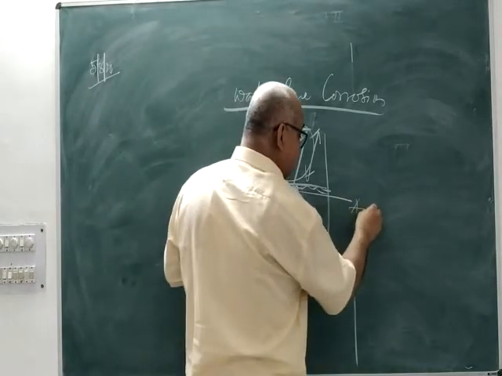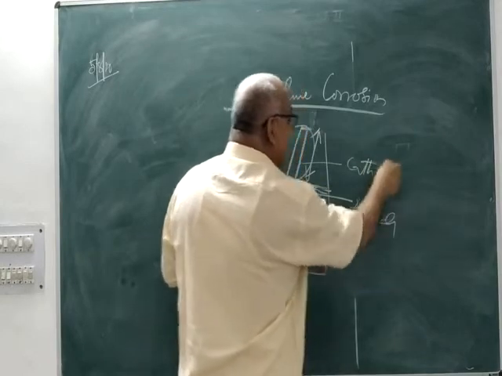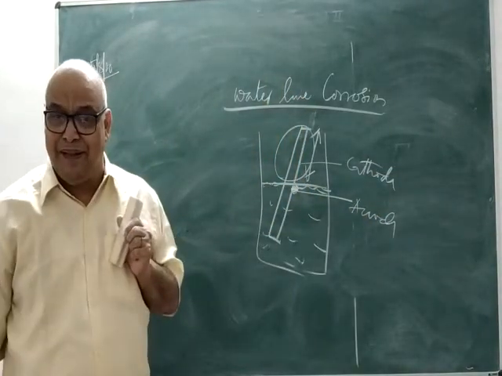As a result, it will become your anode, making this part cathode. Now an electrochemical cell is developed.